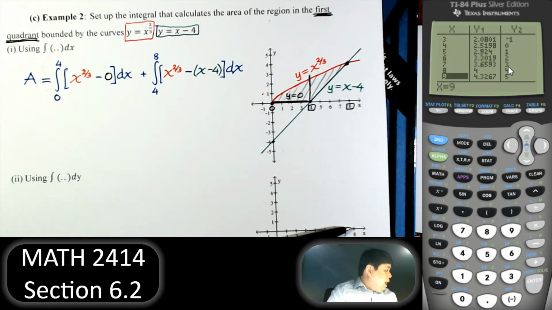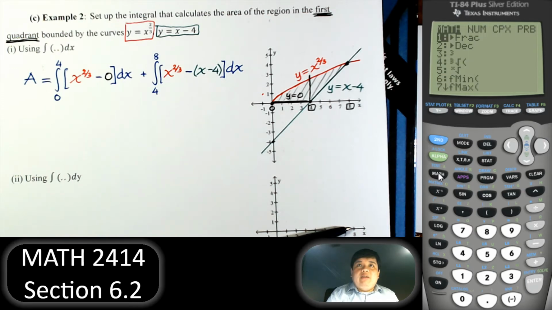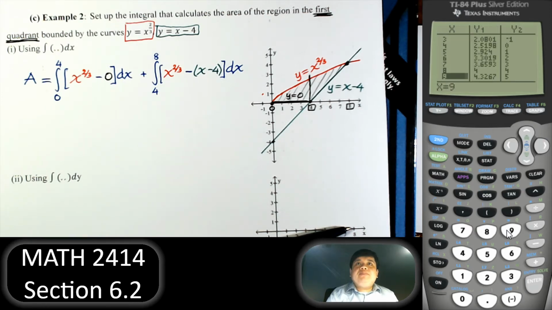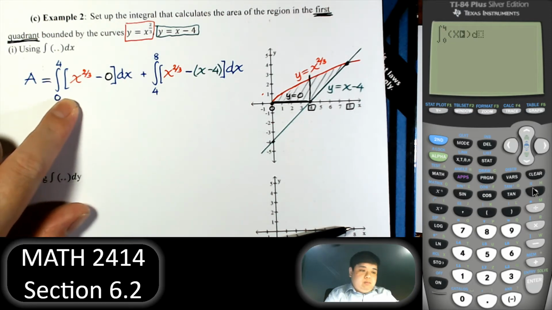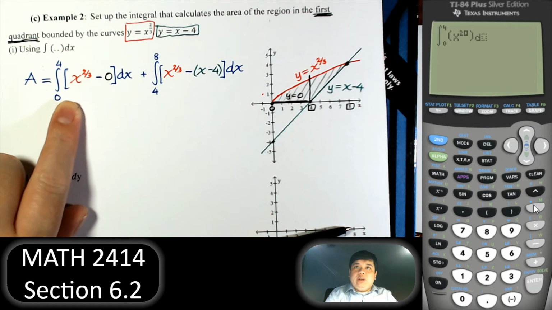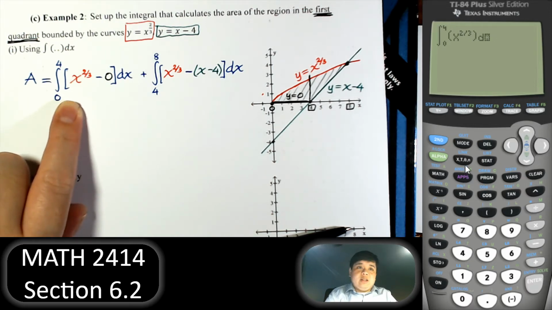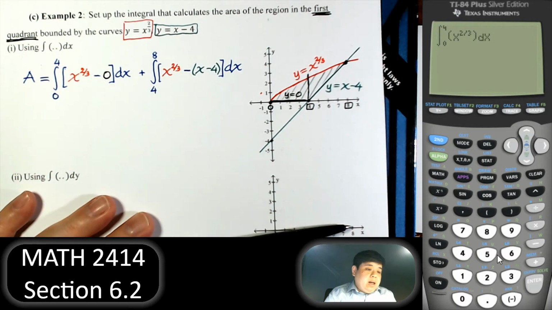Right. And do all of this. Let's see what we have. Math number 9. Oops. Math number 9. I'd go from 0 to 4 of x to the 2/3 dx. First one just dx, that minus 0, gone.